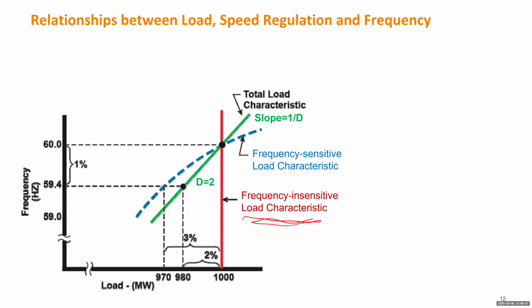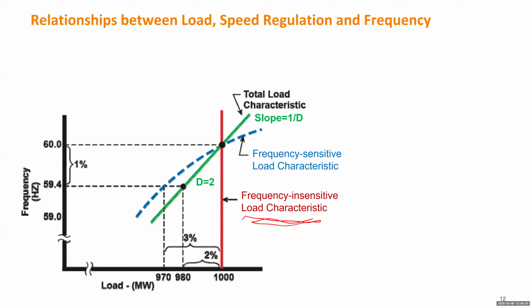It has to be exactly 1,000 megawatt, no matter what frequency it operates at. So it will be this vertical straight line. If the system has some frequency sensitive load, that will be this blue line.